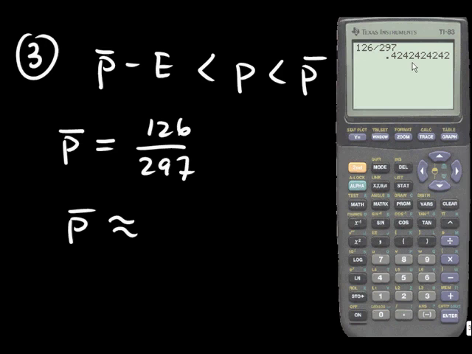Approximating to the nearest 10 thousandths, we get this to be approximately 0.4242.